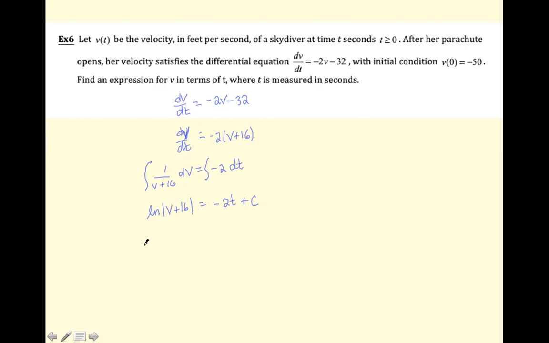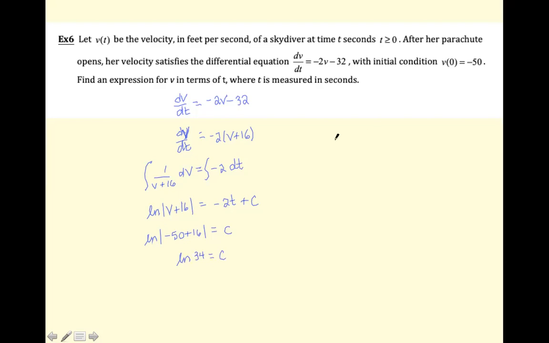So we have the natural log of negative 50 plus 16 equals negative 2 times 0, which would be 0, plus c. The natural log of negative 50 plus 16 is the natural log of negative 34. Since we're taking the absolute value, we have the natural log of 34 is equal to our c.